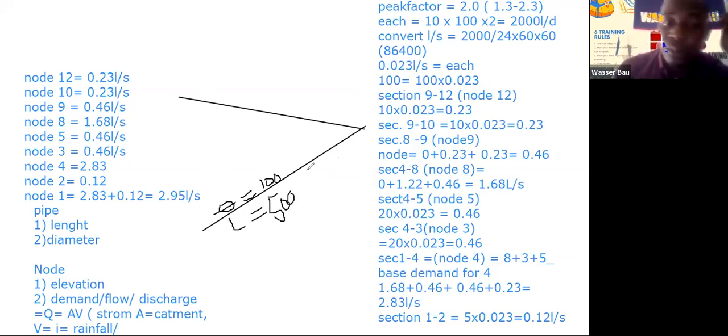The next thing, that's not all. Here, you say the elevation is about, let's say, 260. And here the elevation is about 262.